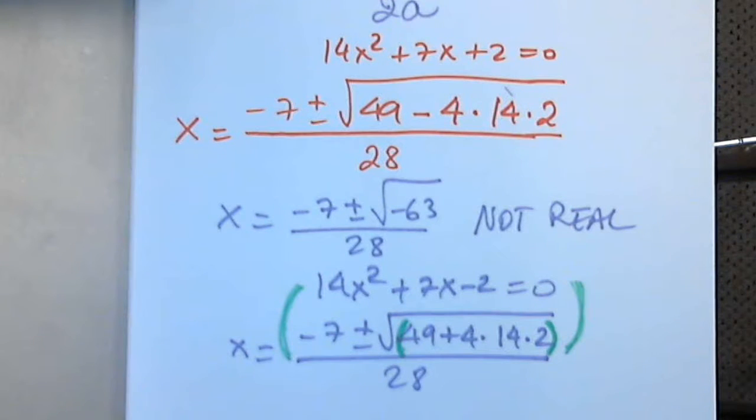Close the parenthesis, go outside the radical, and divide by 28. Now I want to determine the other solution, so I simply go back and say second entry. And I overwrite plus with minus. Change the plus in front of the square root to minus.